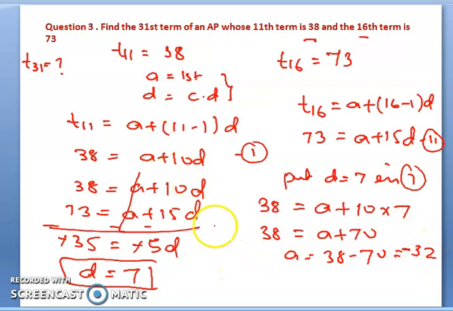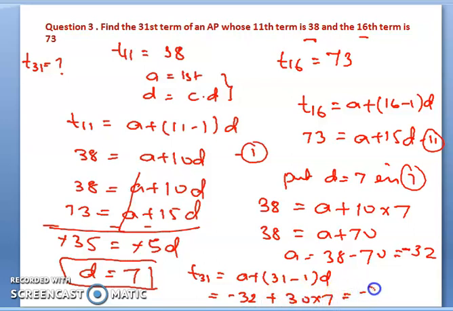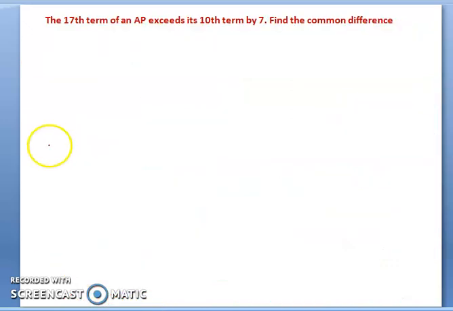Now we have A and D, so we can find the 31st term, which is A plus (31 minus 1) into D. So in this case A is minus 32 plus 30 into 7. So we can write minus 32 plus 210. Subtract it, so the answer is 178. So T31 is equal to 178. So this is how we can find the value of T31 if the two values are unknown.